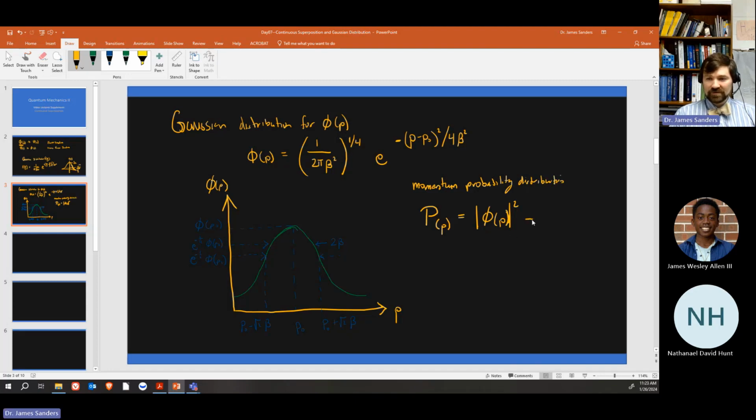All right, and so this right here would be this thing squared. So you end up with your 1 over beta square root 2 pi e to the, and we're squaring this, so that means multiply everything by 2, negative p minus p naught squared over 2 beta squared.